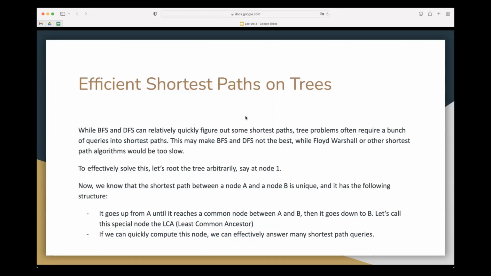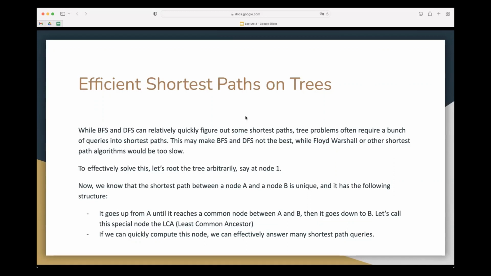But let's say you're doing queries where you want to find the shortest path between A and B, for a bunch of different queries. BFS and DFS might not be the best way to do it. Floyd-Warshall or Dijkstra's won't help either. Dijkstra's only helps with weighted graphs. Floyd-Warshall is n cubed, which means it won't be applicable for most problems where n is 10 to the 5.